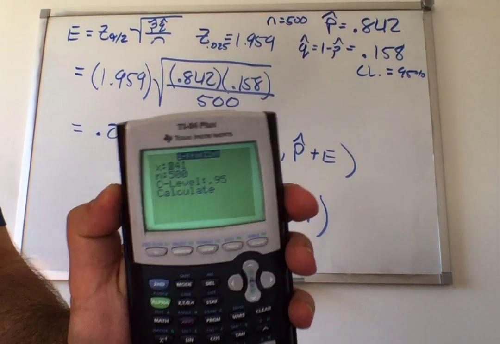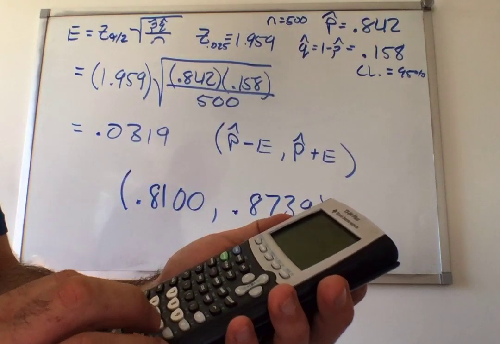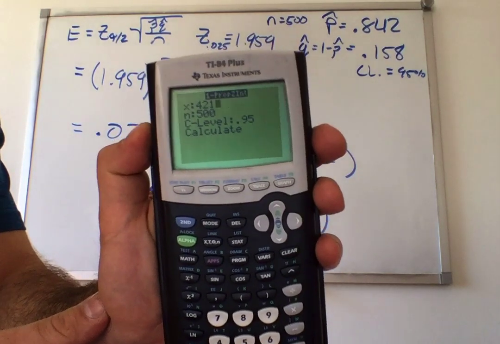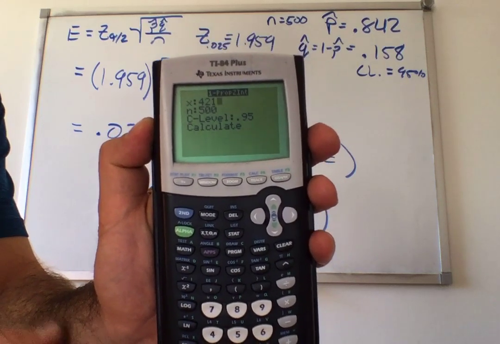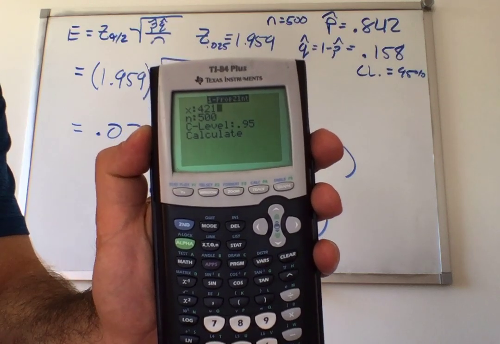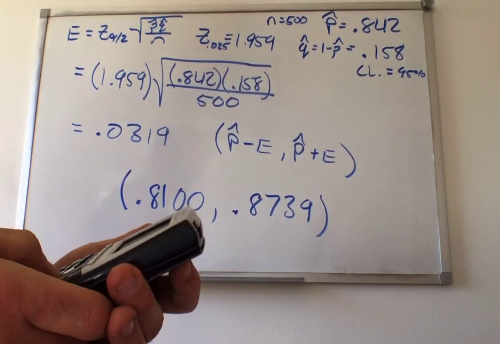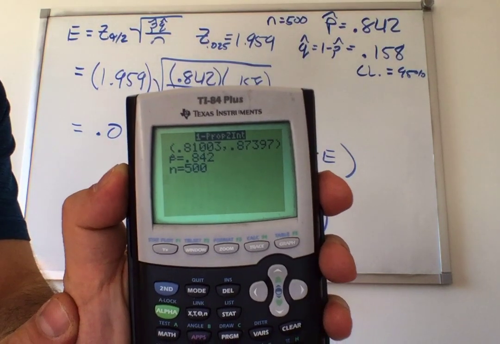Oh, 241, 421. That's what was wrong with my initial answer. Sorry about that mistake. So we had 420 respondents say yes. I put in 241 into there. So now if we go ahead and calculate, there we go. We get a much better answer.